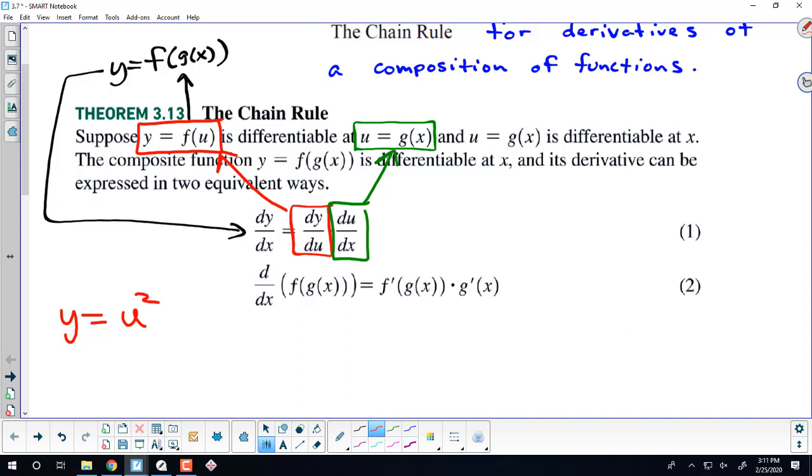We'll go through a couple of examples using both versions, just to see whichever one you prefer. The idea is that in order to use the first version, version number 1, you have to perform a substitution. The substitution says let u equal the function on the inside, the inner function of that composition, if you will.